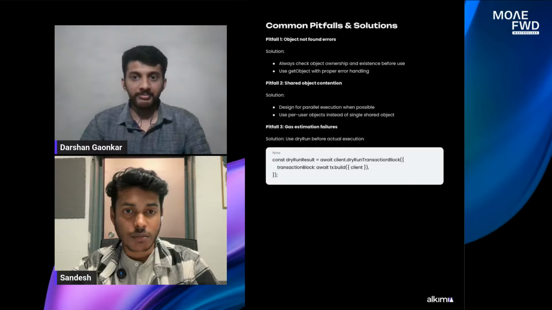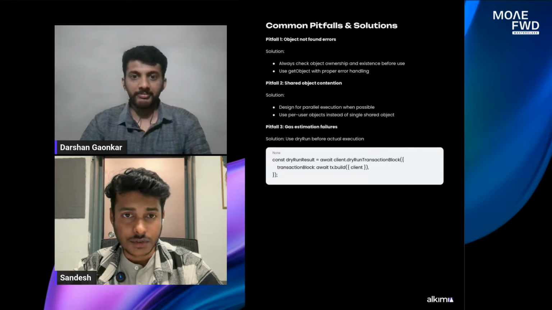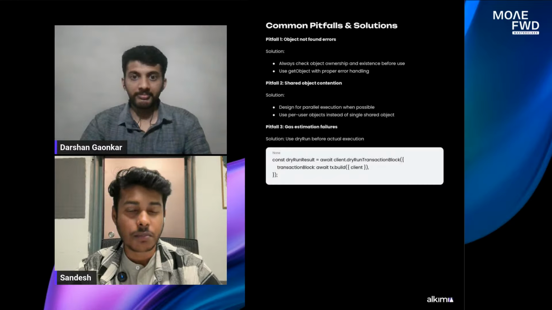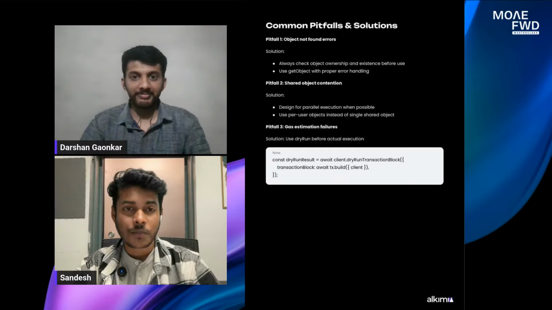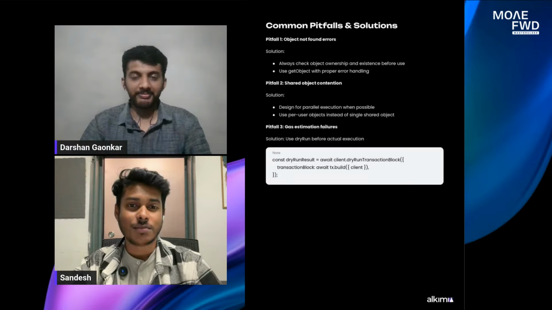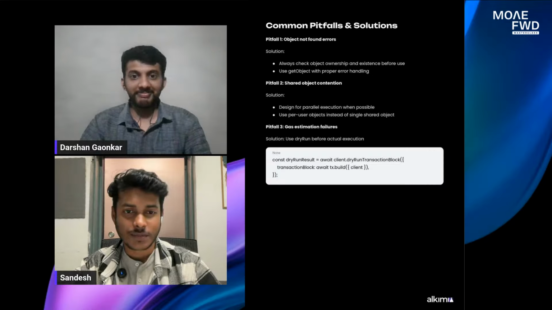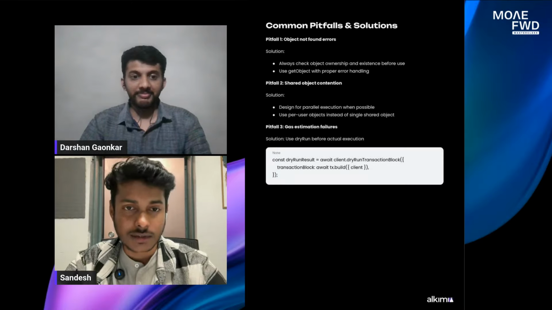Design for parallel execution, that is one of the most important things. Use per-user objects instead of single shared objects, as we mentioned earlier. Whenever designing a contract, shared objects seem a lot easier to implement, but owned objects perform a lot better. That is one of the major uses of it.